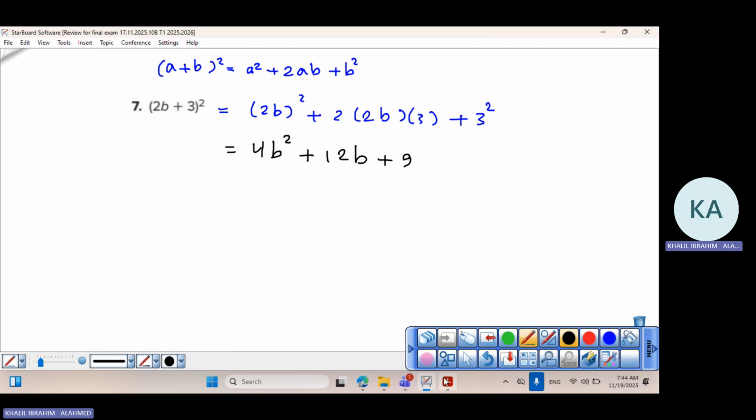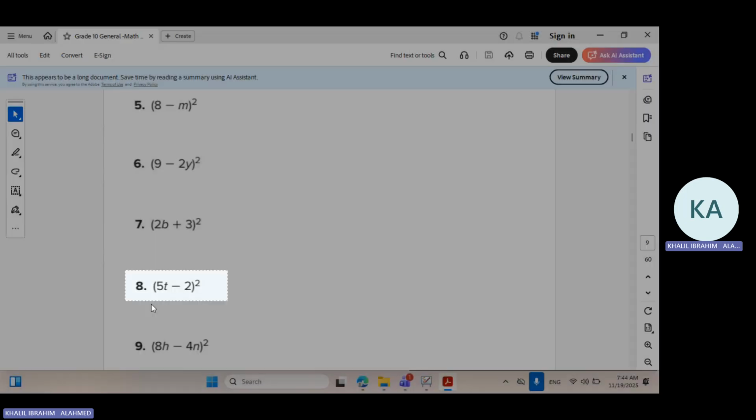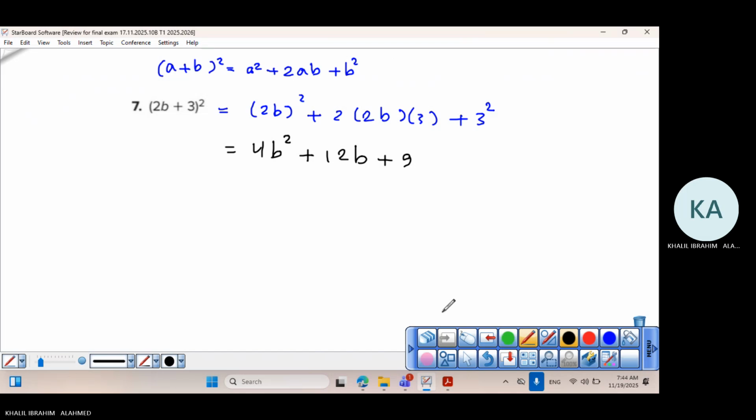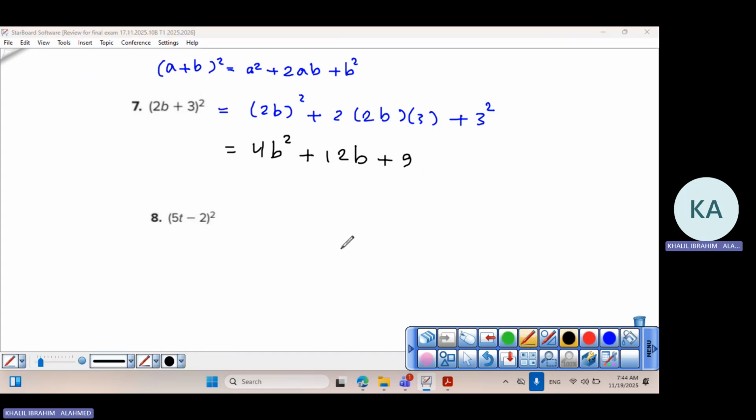Okay, I will give you another example of how to solve. Yes, question 8. Question 8, as you see here. How to solve this question?